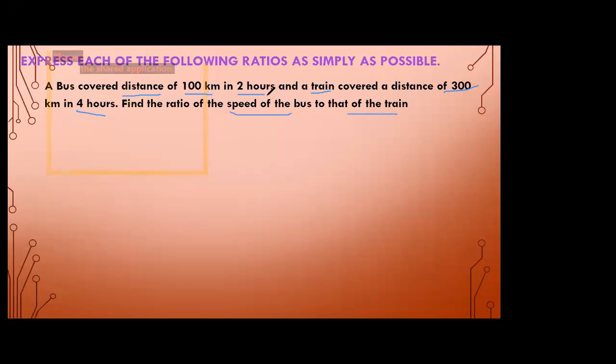So here I get the answer by Aisha, that if the speed is not given, beta, we know from the formula of speed. What is the formula of speed?